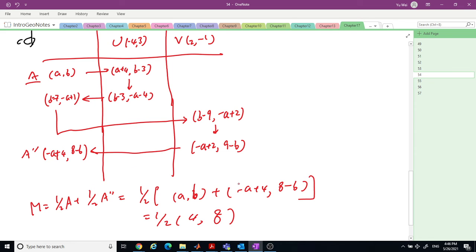Let me see. B minus 7, negative a. Oh, here, negative 1. So this one plus 1 is negative a, then this one is a plus 2. Okay, I'm sorry for this calculation.